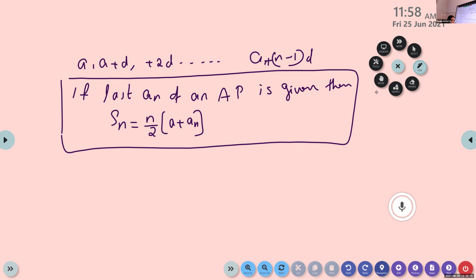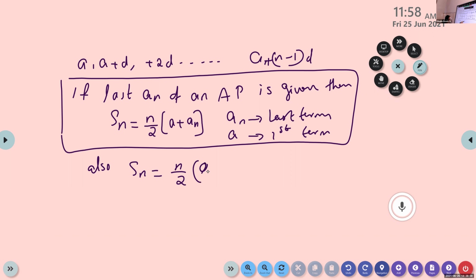If the last term is given, then Sn equal to n by 2 into a plus an, where an is the last term and a is the first term. Also we have Sn equal to n by 2 into a plus L. L means last term. Instead of an, we can also write L.